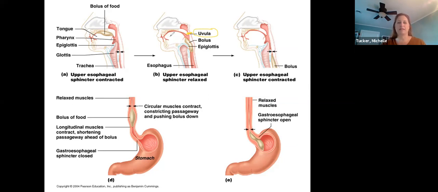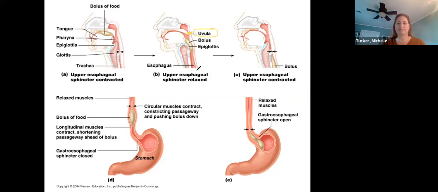So when food gets chewed up, the tongue will use the hard palate to form a bolus along with the saliva that's been produced by the salivary glands, and then it will push that food back. It causes the swallowing reflex, in which the uvula moves up to close off the nasal cavity.